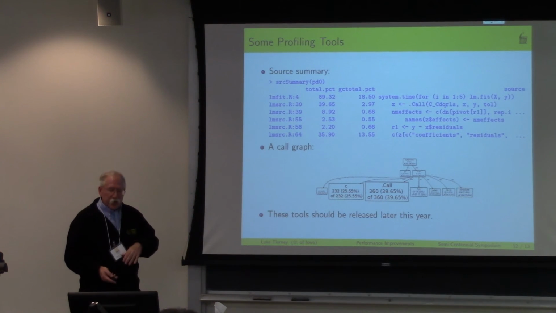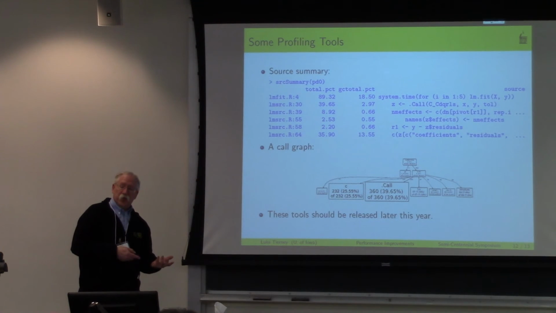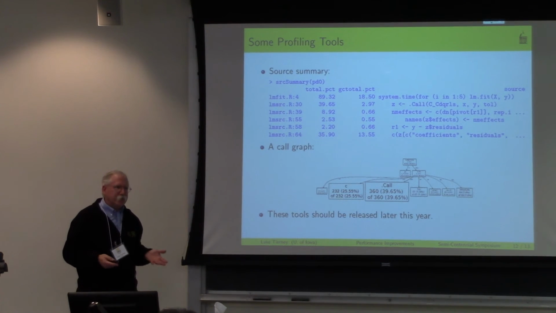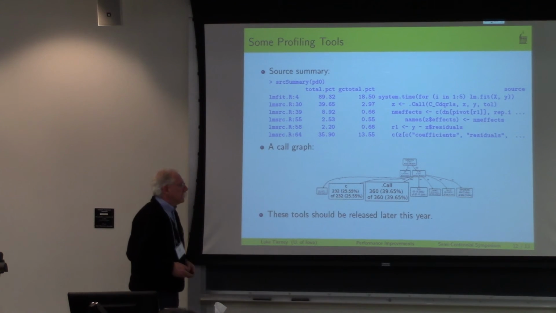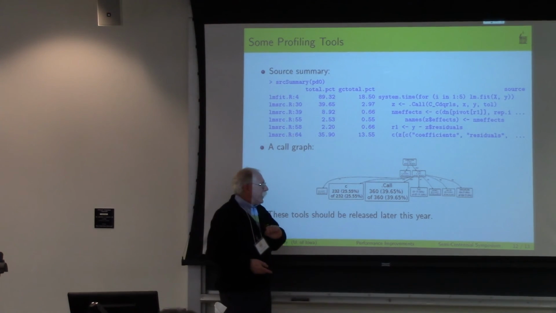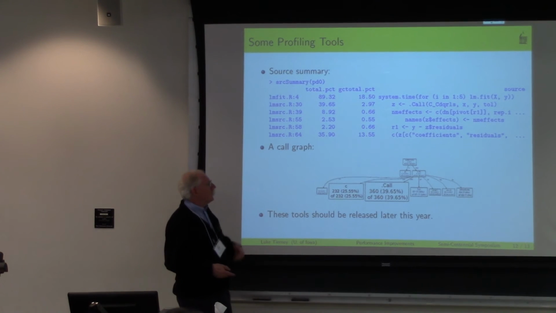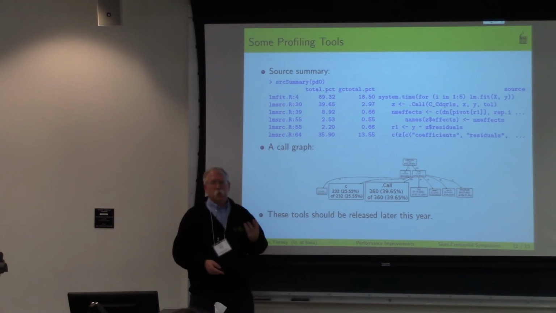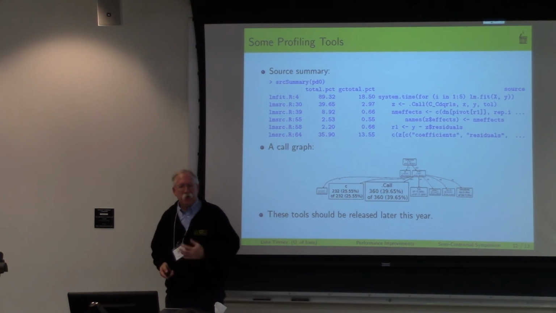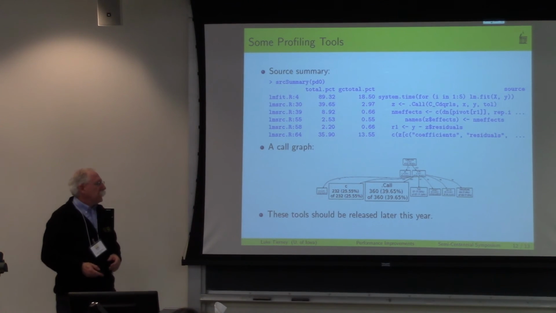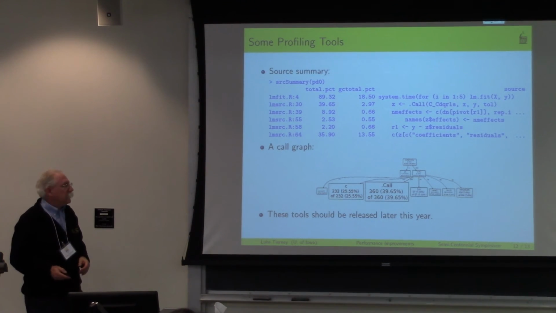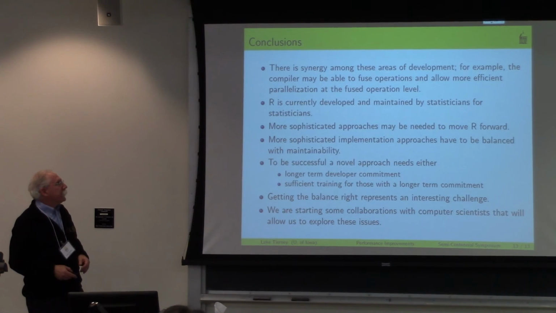So that's where a lot of the time is spent, but it's only 40%. All the rest of the time is stuff we probably should be doing faster. So that was a useful thing to learn. And we also produce graphs like this, a call graph with the size representing the amount of time spent in each function. So tools like this are going to be put together in a couple of packages that will be released in the not too distant future, I hope.